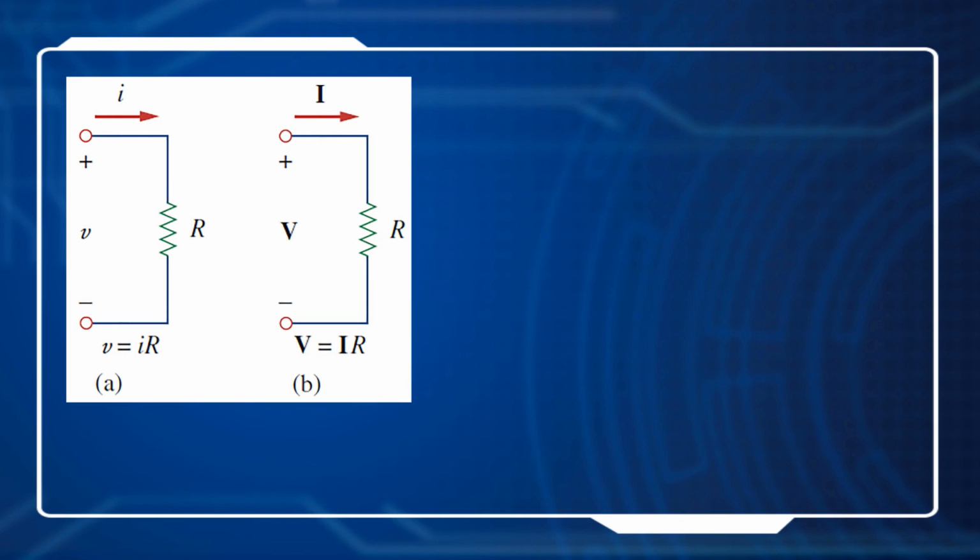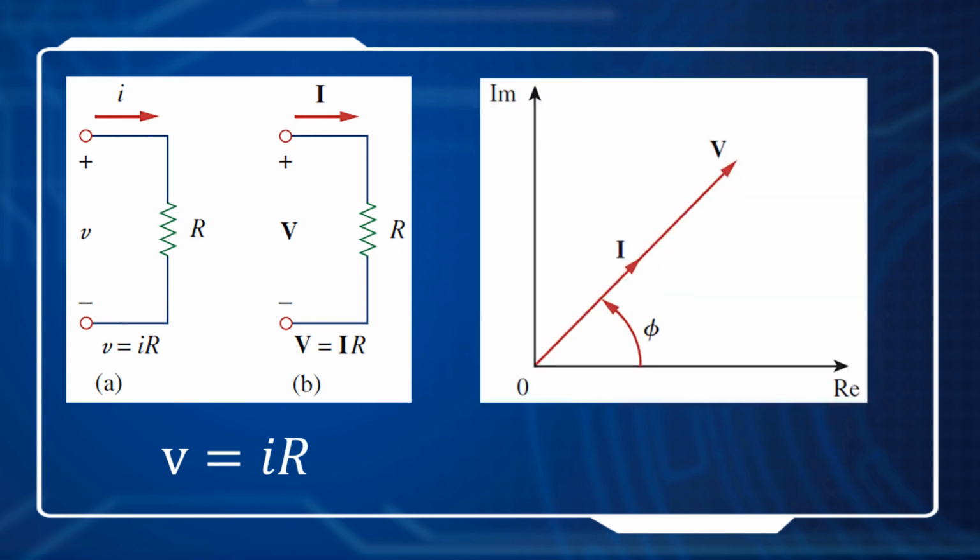According to Ohm's law, we can get the relationship in the time domain: v equals i multiplied by R. And then we transform both current and voltage into phasors. We get phasor V equals phasor I multiplied by R. If we draw the phasors in this graph, we can find the phasor V and phasor I are in phase.